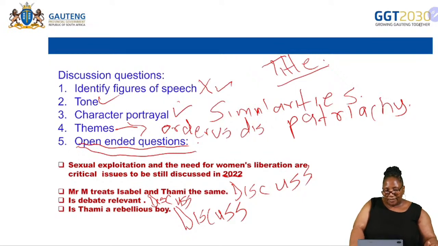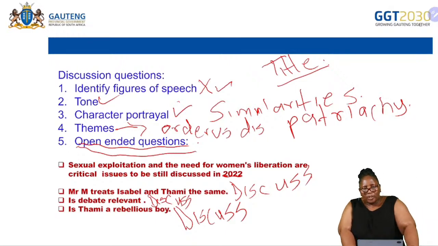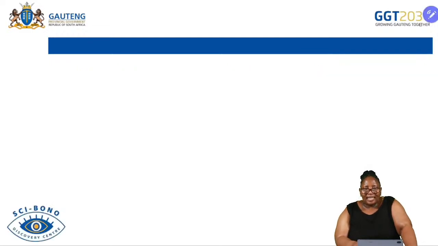Very important. Is Tammy rebellious? Is debate relevant? Is Mr. M biased towards Isabel, and why? Do we still have sexual exploitation in 2022? Or is there a need for women's liberation?